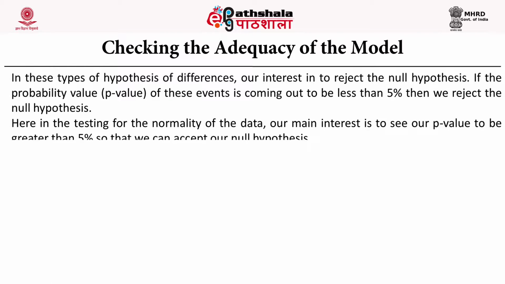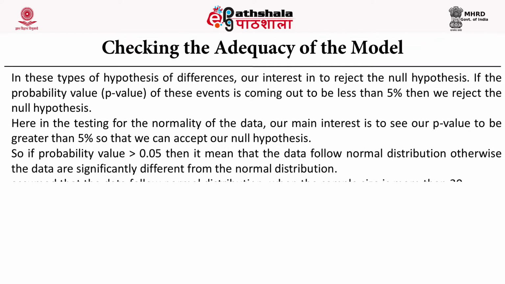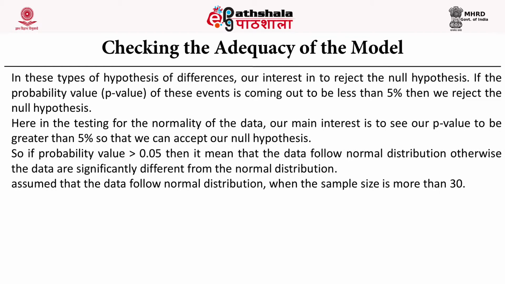Here, in testing the normality of data, our main interest is to see our p value greater than 5%, so that we can accept the null hypothesis. A probability value greater than 0.05 means that the data follow a normal distribution, otherwise the data are significantly different from the normal distribution.